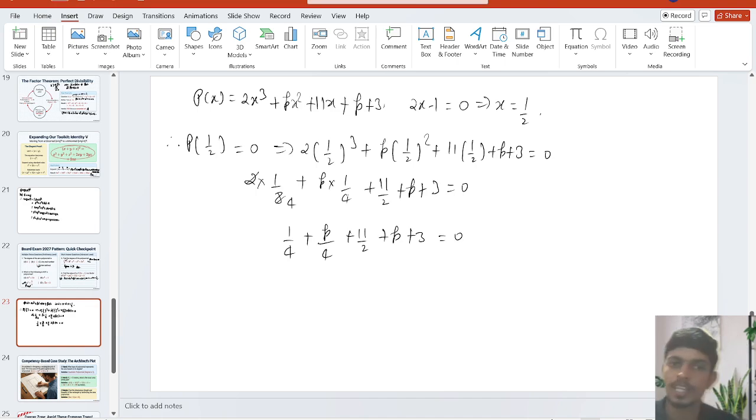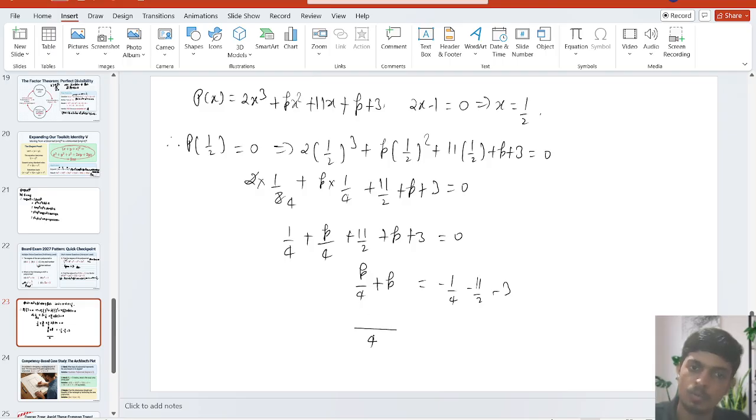We have to take the constants on one side and p on the same side. So we proceed: p by 4 plus p is equal to, taking 1 by 4 to the right side, minus 1 by 4 minus 11 by 2 and minus 3. You can take LCM as 4. 4 ones are 4, p into 1 is p, and here it is 1, so 5p upon 4.